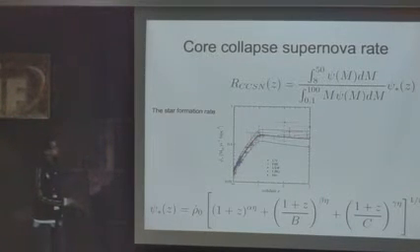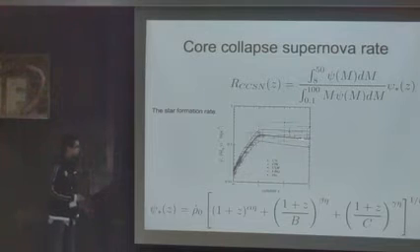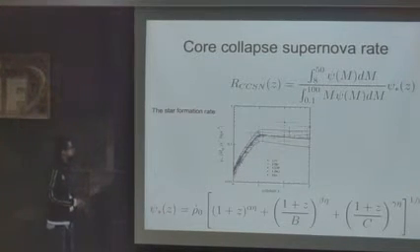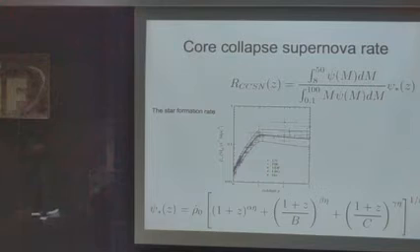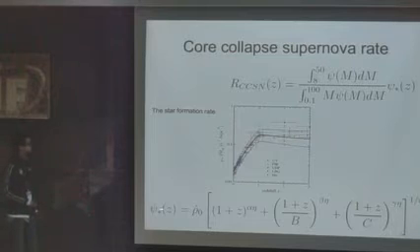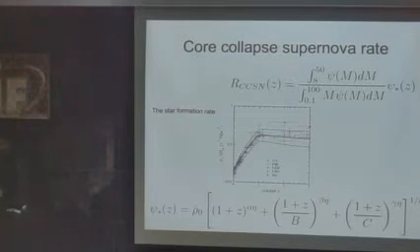Of course, you will have some dispersion on the data and on the predictions from structure formation, but it is a reasonable error bar. This star formation rate can be parameterized in this way, where these coefficients can be fitted to the data.